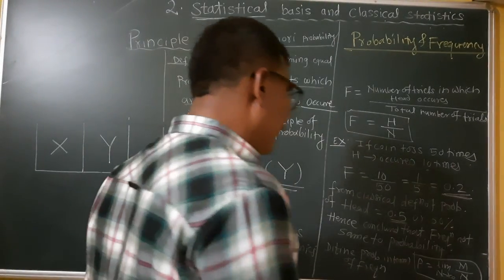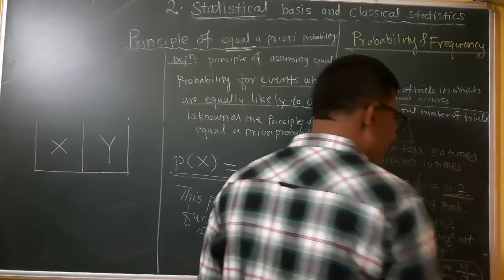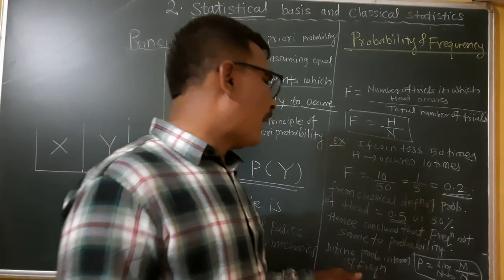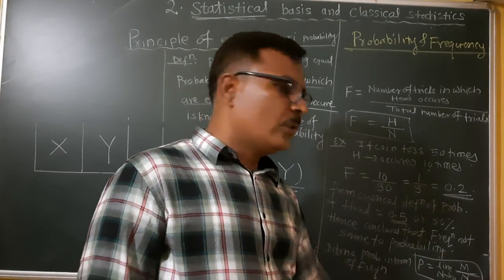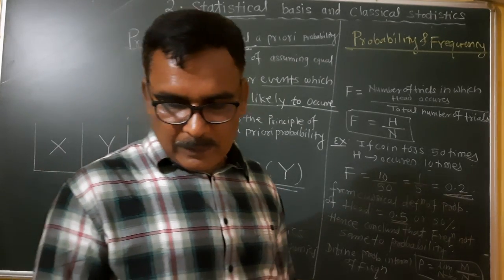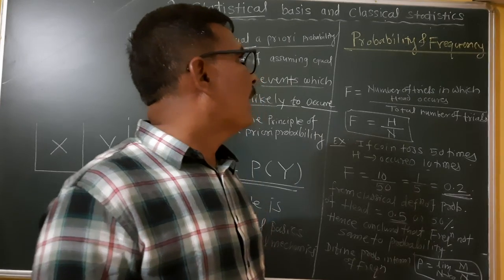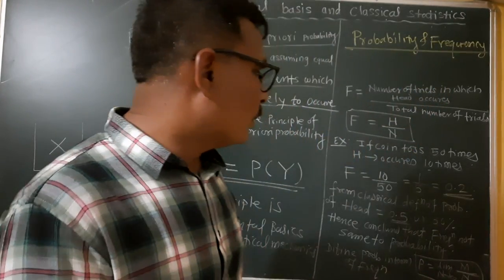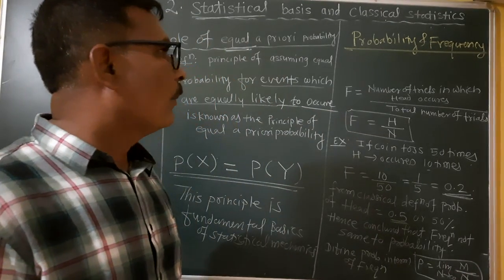We keep trialling until these ratios differ by a very, very small value, and then the formula for probability in terms of frequency is P equals limit n tends to infinity m by n.